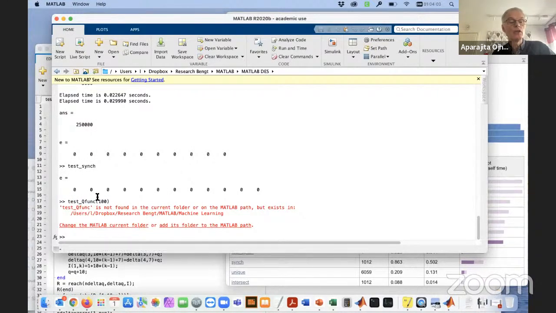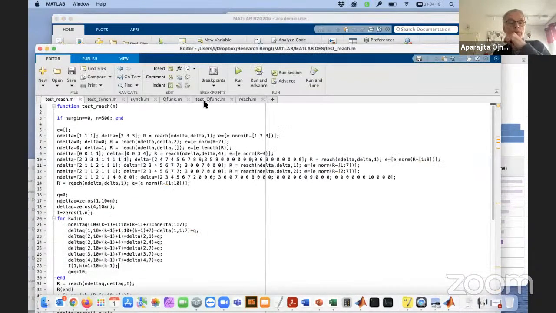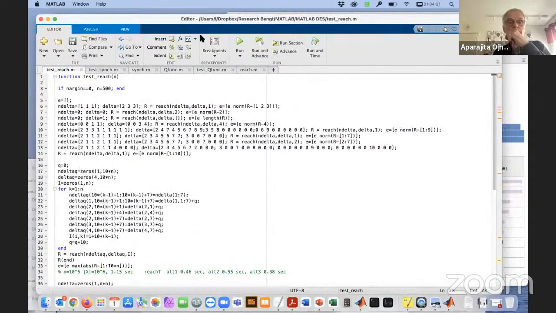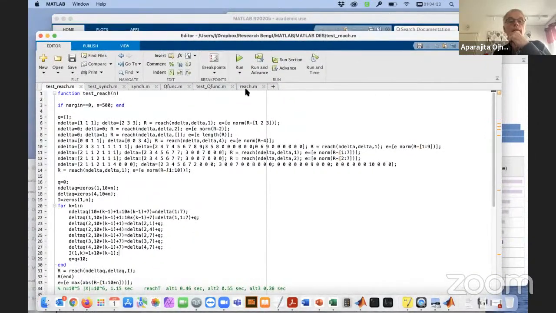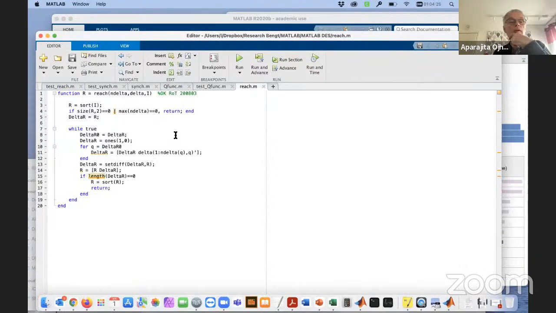So the Q function there, I don't have so much of tests and so on. So but there is at least one umbrella function over the specific code. But let's look a little bit more on the function itself.